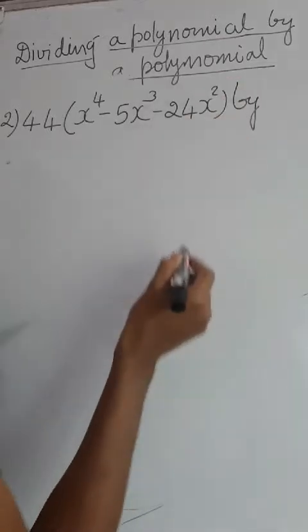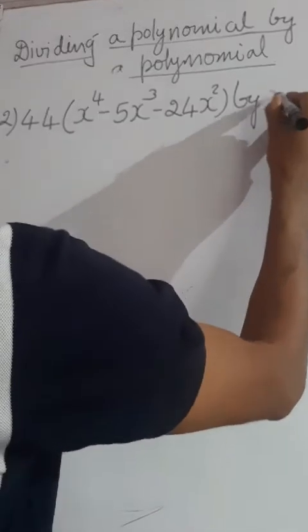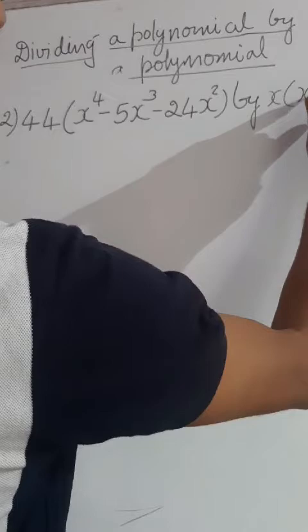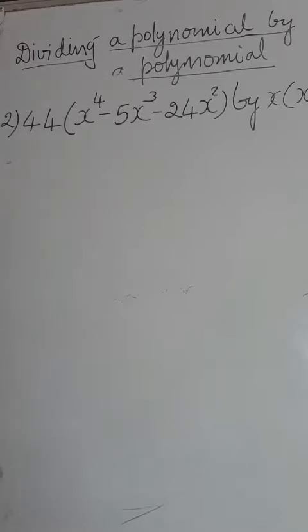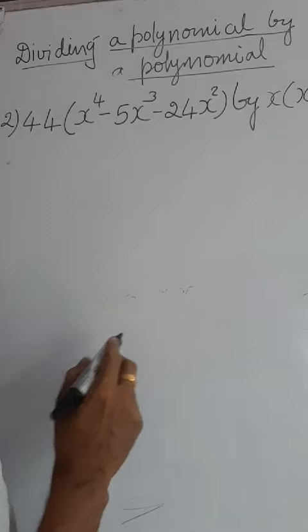By what are you going to divide it? By x into x minus 8. So you are going to divide 44x to the power 4 minus 5x cube minus 24x square by x into x minus 8.